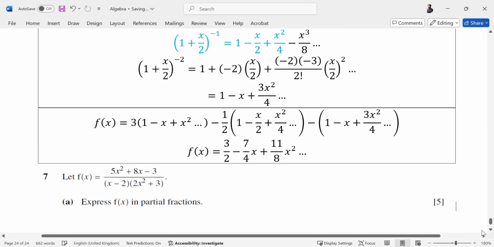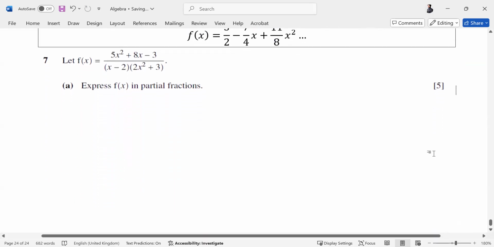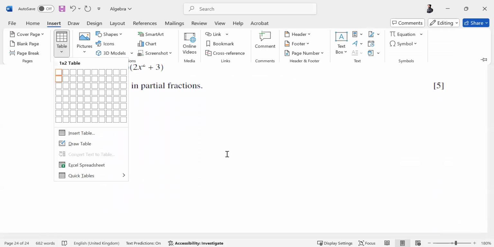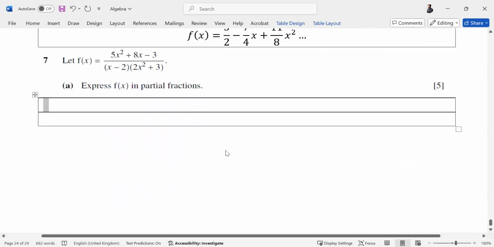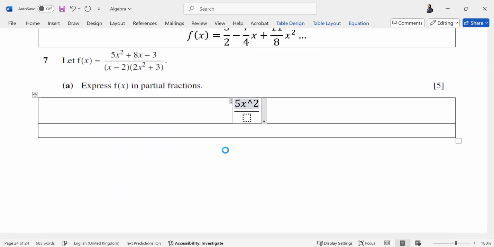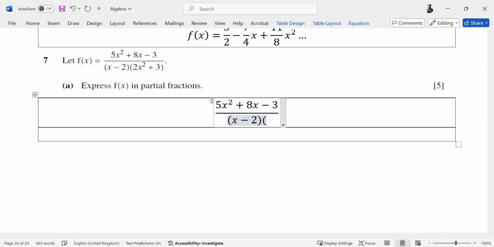Let's do another similar question जिसमें दोनों हमारे पास आ जाते हैं. Partial fractions and then followed by binomial expansion. Again इसमें भी first step is very easy. First check, is this a proper fraction? Very good.